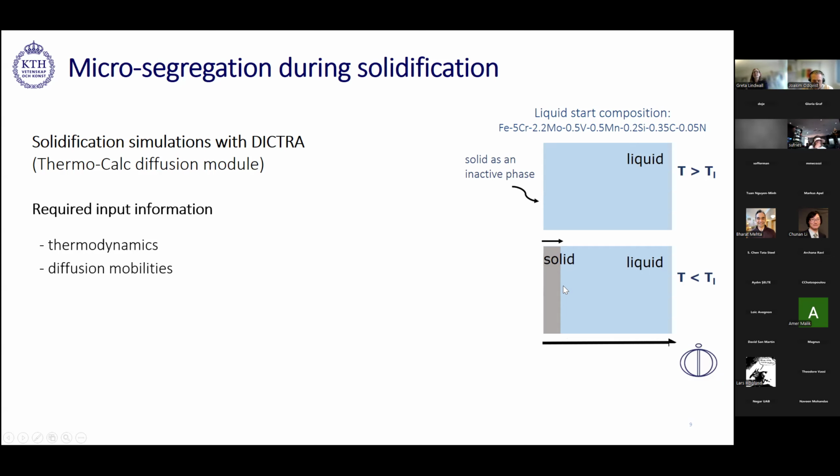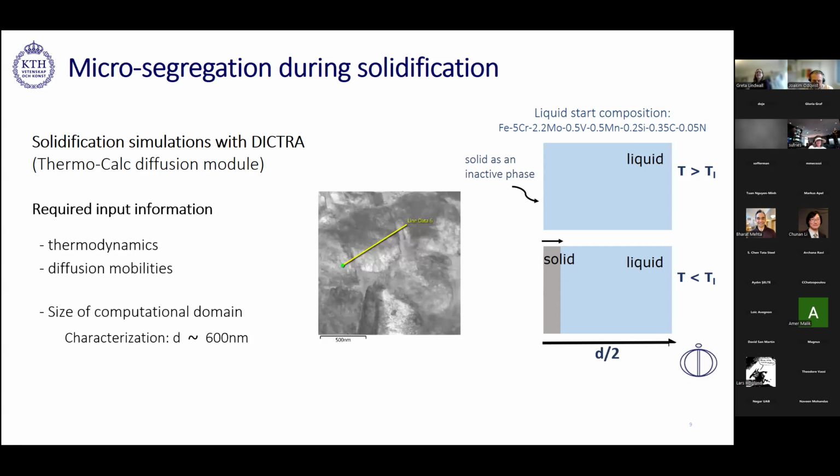Another input that's needed for this simulation is the size of this computational domain, and in this case we got that from experiments. It's around 600 nanometers. Another input that we need is the thermal history, or the cooling rate during solidification. And also, when we do these simulations, we need to define what phase forms.